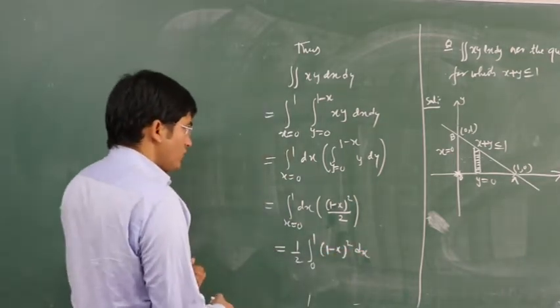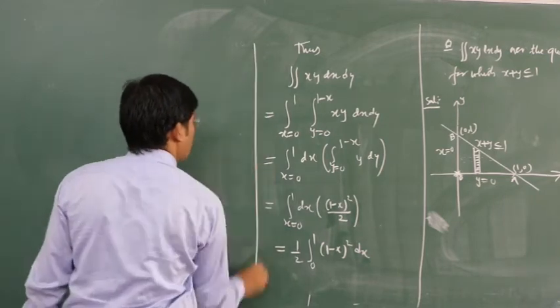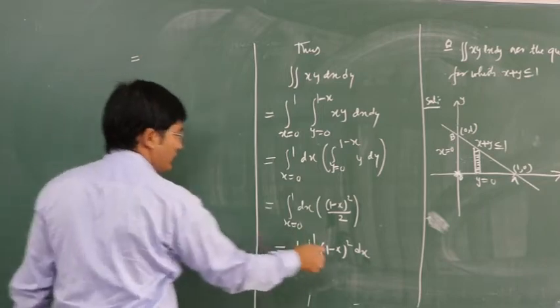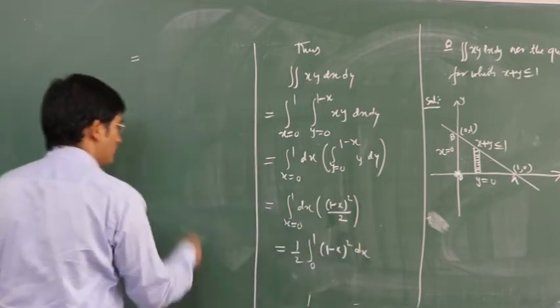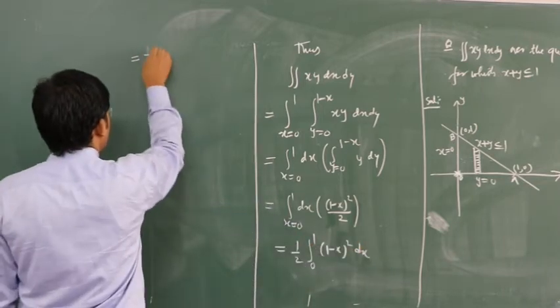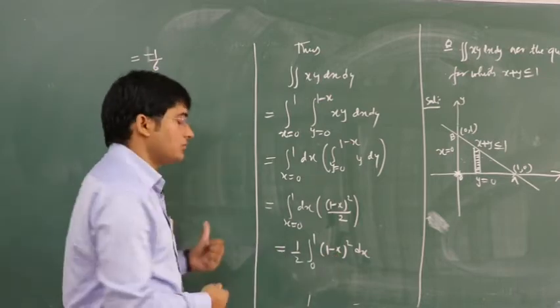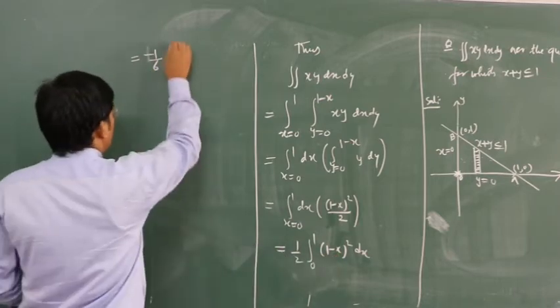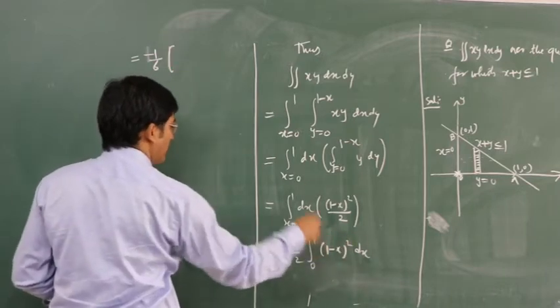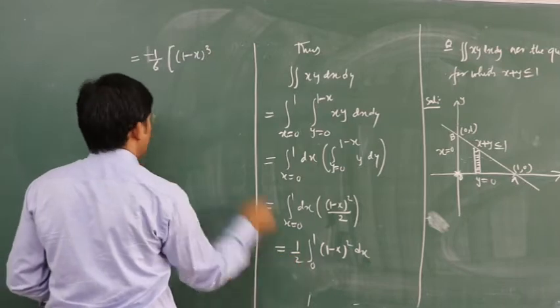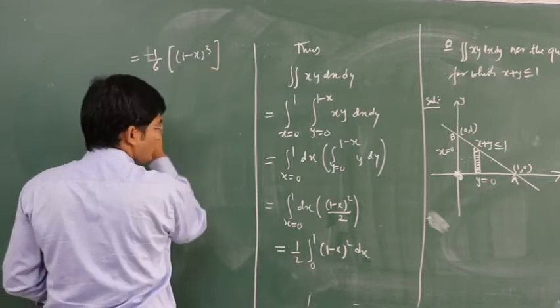Now the integration of (1 minus x) square will be, now the integration of power 2 will be power 3 upon 3, so we have (1 minus x) cube upon 3, and again the integration of 1 minus x will give you a minus sign, so we have minus 1 by 6 of (1 minus x) cube, with the limits from 0 to 1.